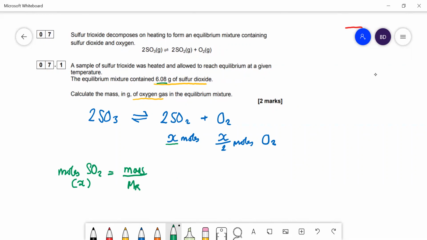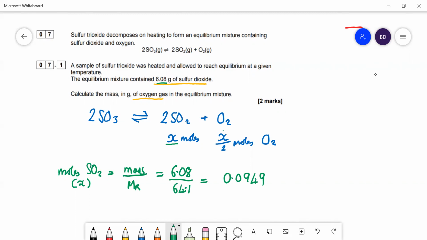The mass we've got is 6.08 grams. The Mr of SO2 is 64.1. So that works out to be 0.0949 moles of SO2.